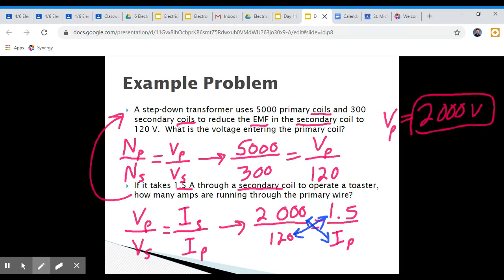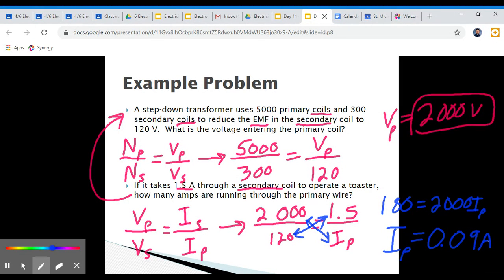When I take 1.5 multiplied by 120, I get 180, which is equal to 2,000 multiplied by current in the primary. And then I can divide over to solve for current in the primary, which should end up being 0.09 amps. All right.